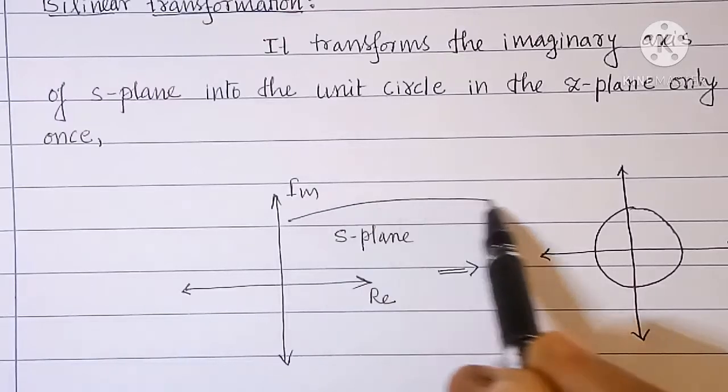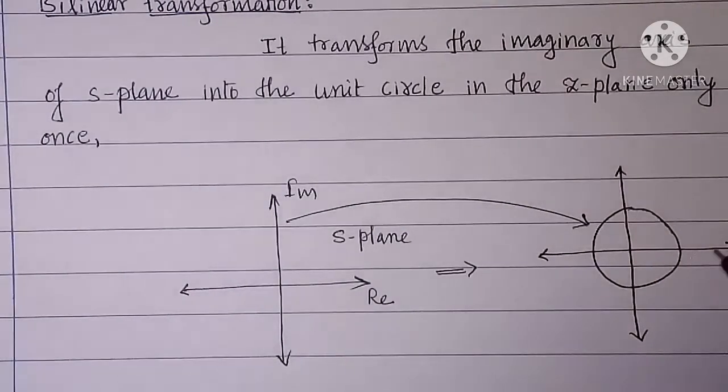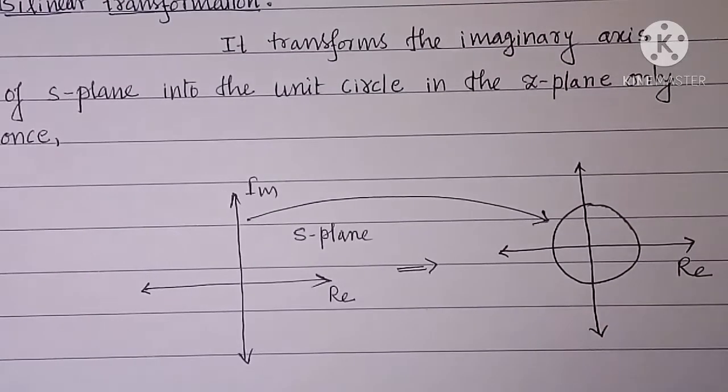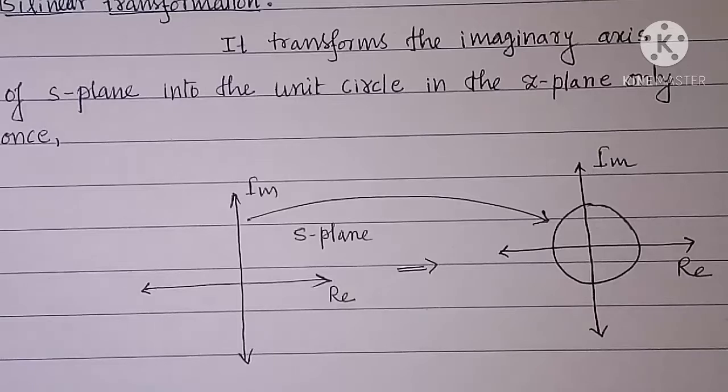That means this axis is transformed to the unit circle. Z plane real axis is here and imaginary axis is here.